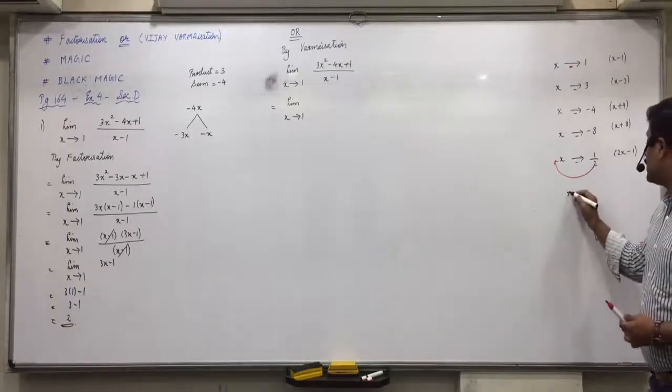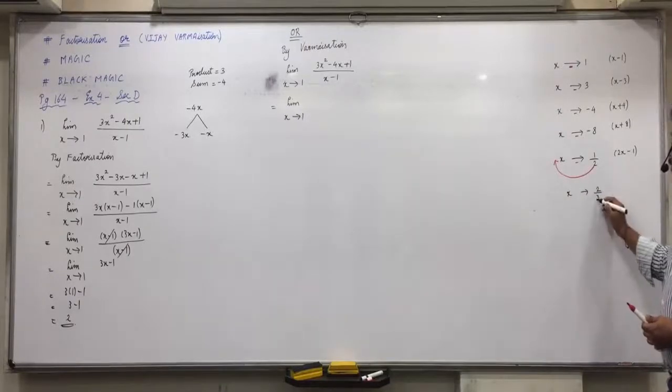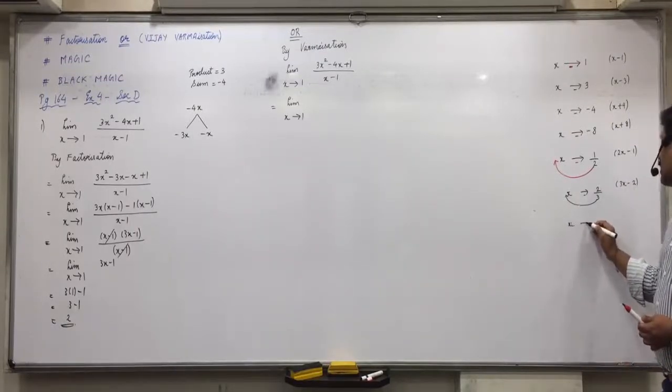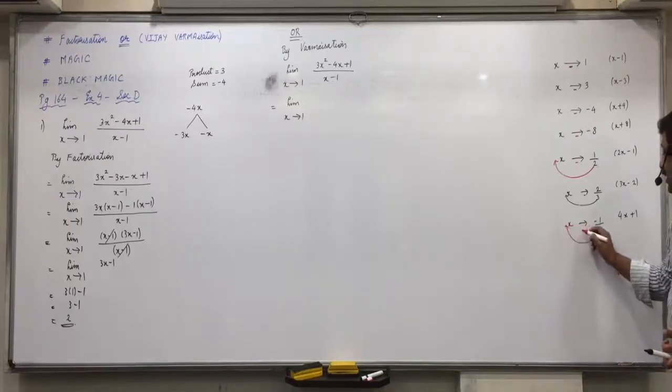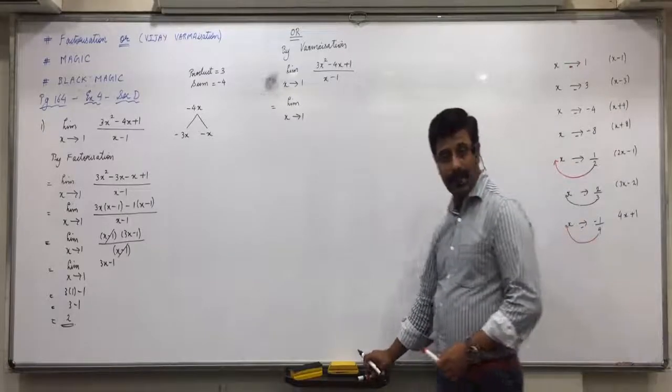If they say x tends to 2 by 3, 3x minus 2. If they say x tends to minus 1 by 4, 4x plus 1. You'll bring 4 on the other side and minus minus will become plus. So 4x plus 1. Any confusions with this?